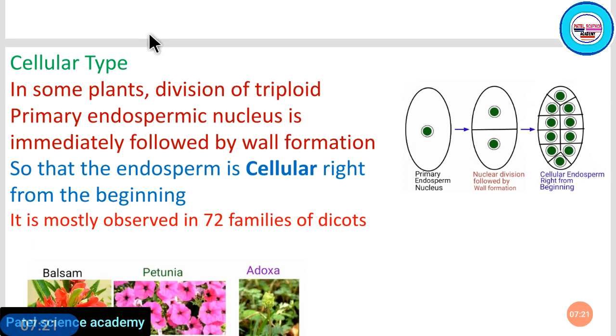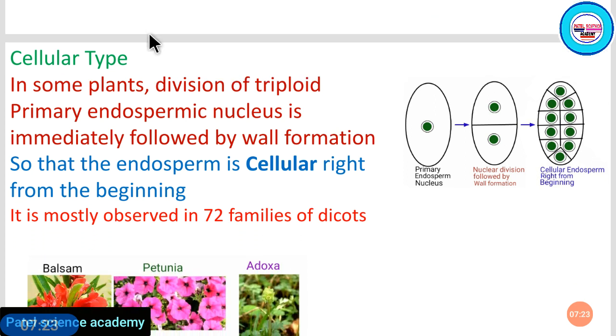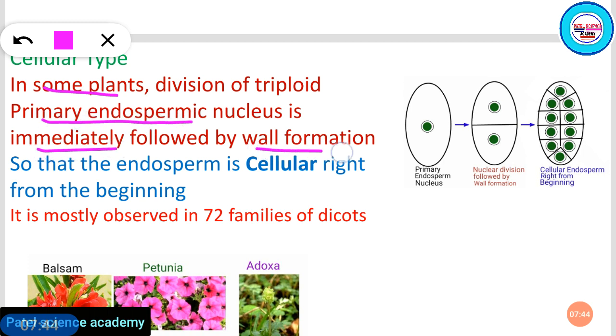Now we'll go for the second type, which is the cellular type of endosperm. So what happens during this cellular type of endosperm? In some plants, the division of the triploid PEN nucleus is immediately followed by wall formation.